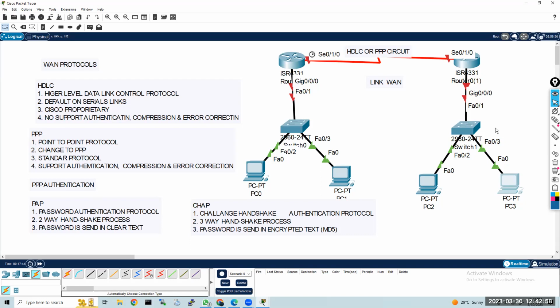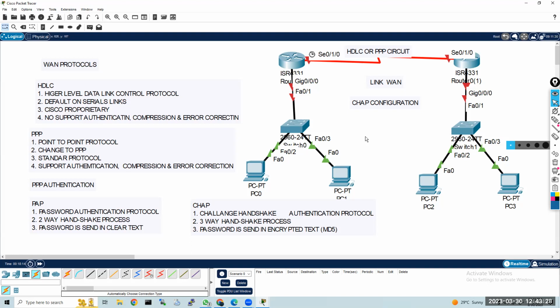Okay, so let's do the lab, guys. I'm going to do the CHAP lab now. CHAP stands for Challenge Handshake. Remember, this is quite important.